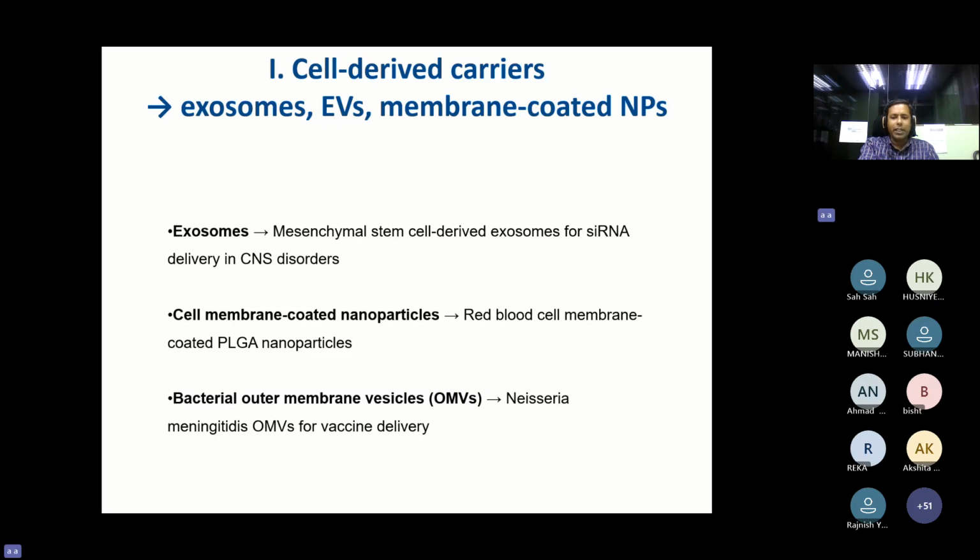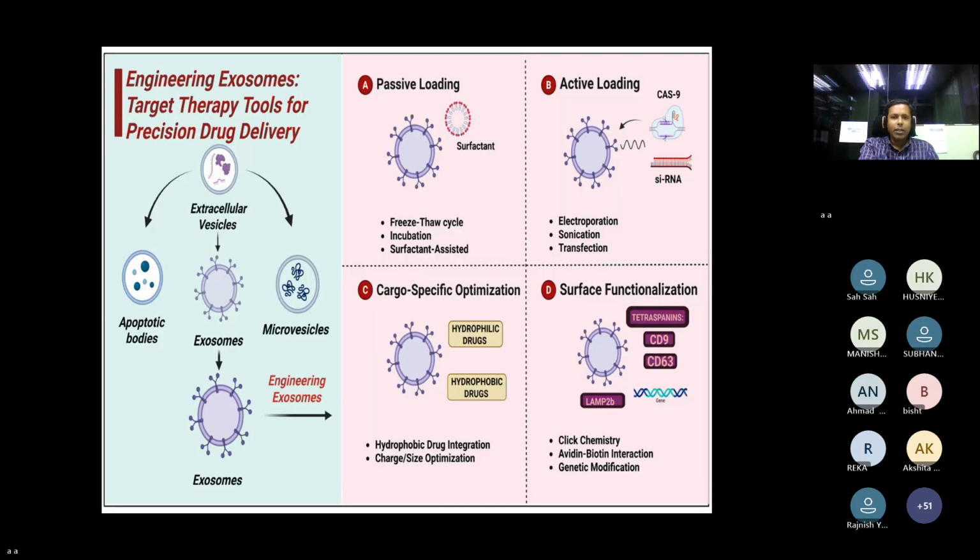Bacterial outer membrane vesicles, such as Neisseria meningitidis vesicles, are used for vaccine delivery. If you observe this graph, you can see how engineered exosomes are used as target therapy tools for precision drug delivery.